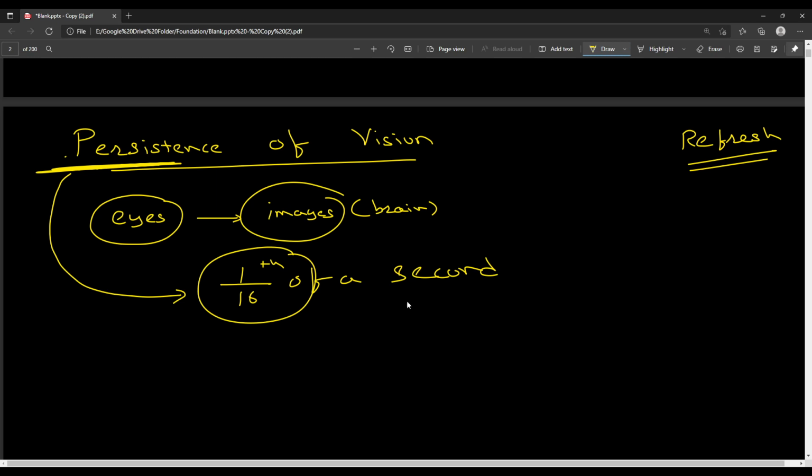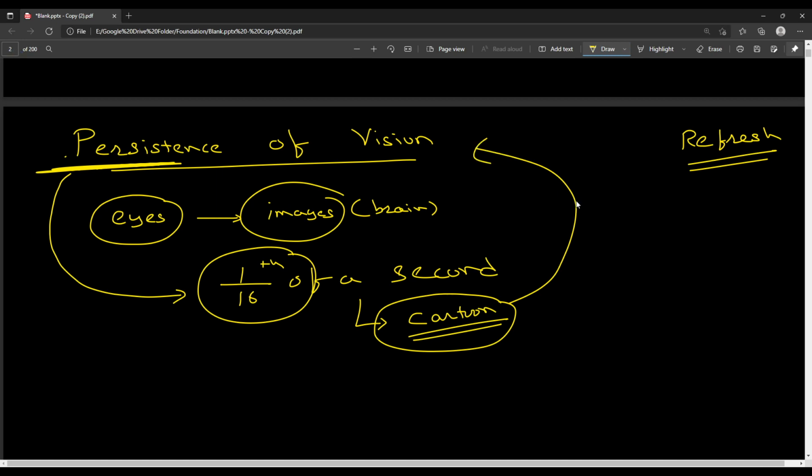Now what is the use of this? Suppose we move images very fast. If we move the images very fast, then we can create some kind of motion, like movies or cartoons. The cartoons made in olden days, and animated movies, were all based on the simple principle of persistence of vision.